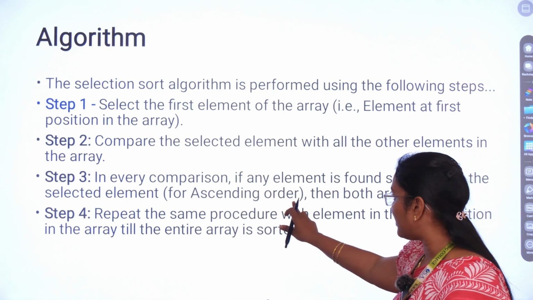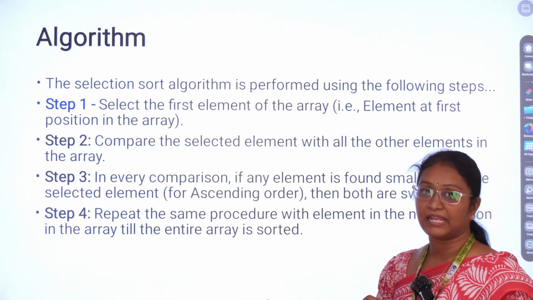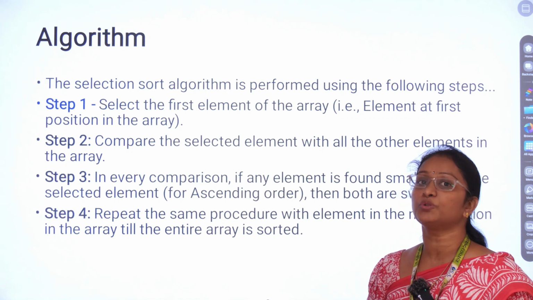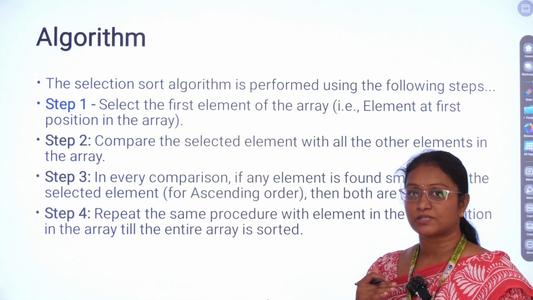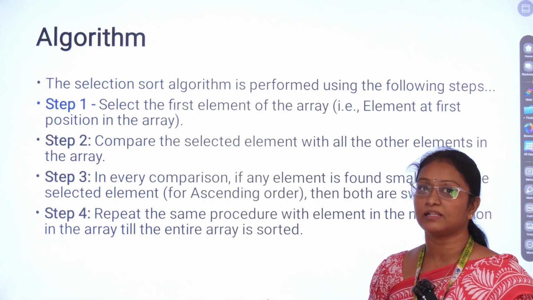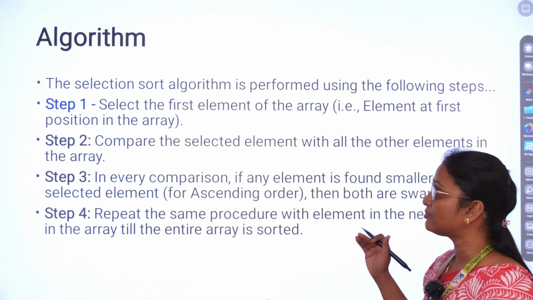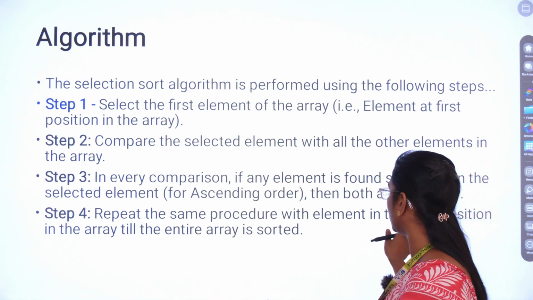In this comparison, if we find any element smaller than the selected element, then we do swapping. Okay. This process continues until the entire array becomes sorted. These are the steps involved in the selection sort algorithm.